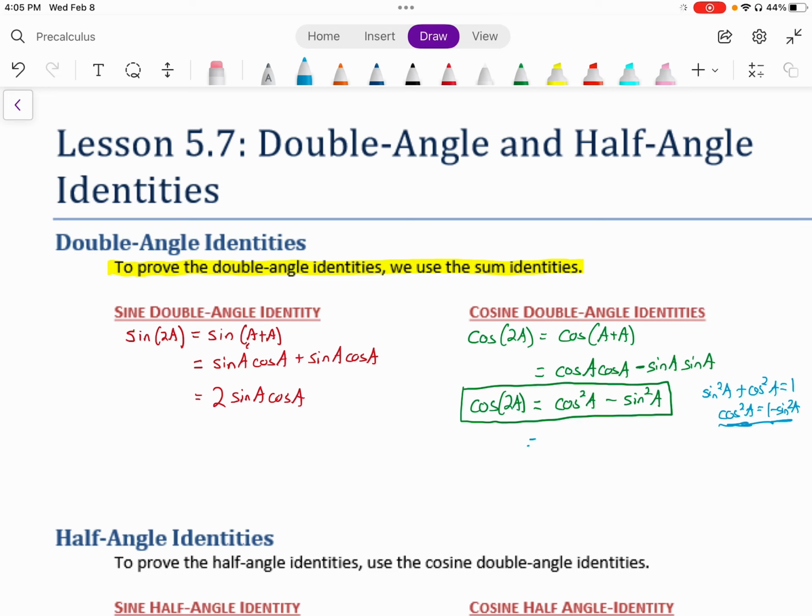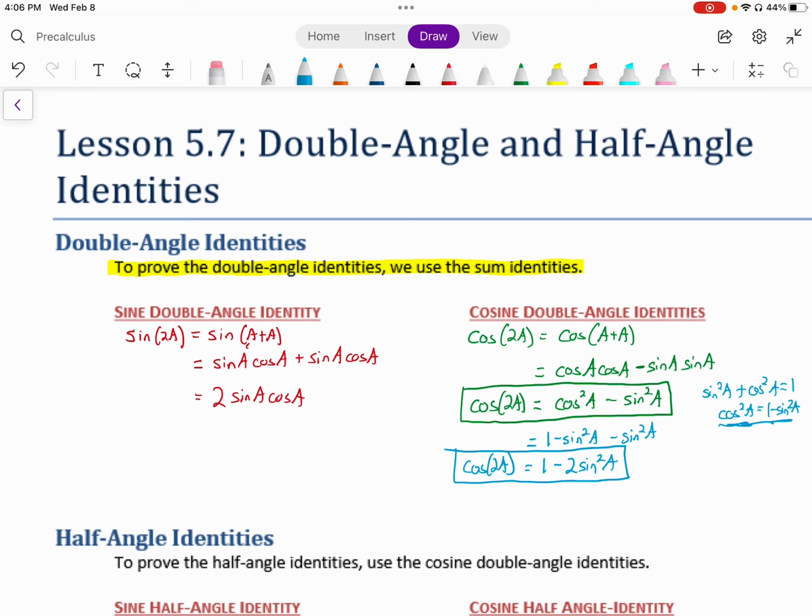So instead of writing cosine squared, we can say this is 1 minus sine squared, and then minus sine squared. And we see that's 1 minus 2 sine squared of a. That is another variation of the double angle identity for cosine.